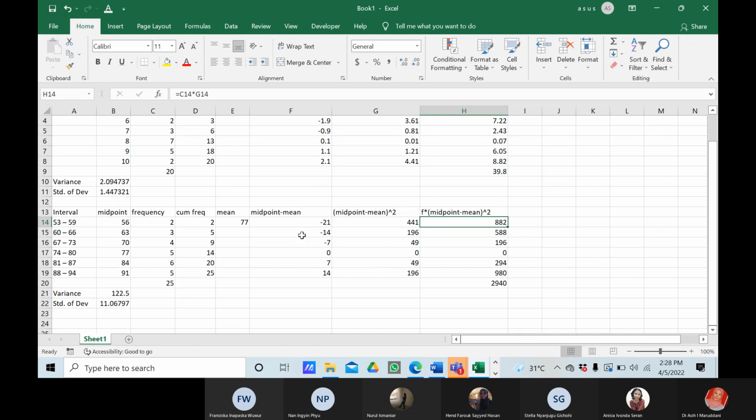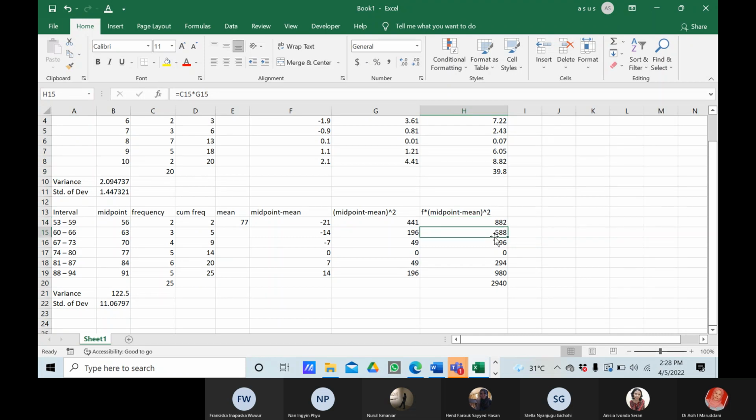Then the last column will be this column times the frequency, or the frequency times the square of the midpoint minus mean. So at the first row we have 2 times 441. It is 882.